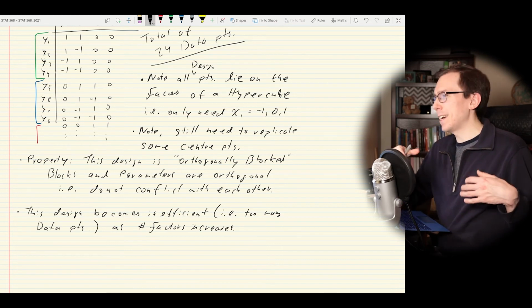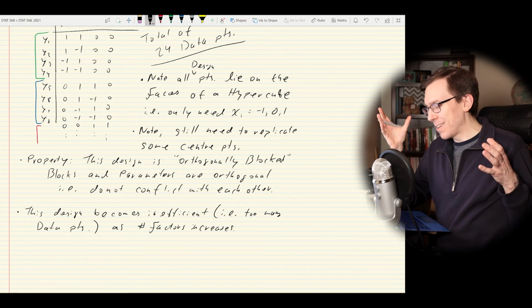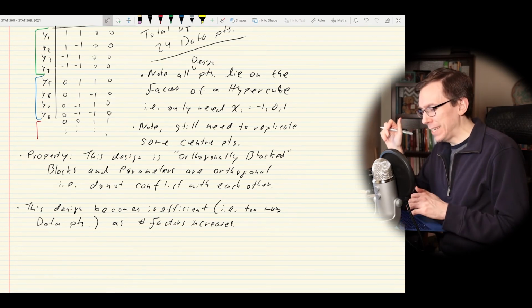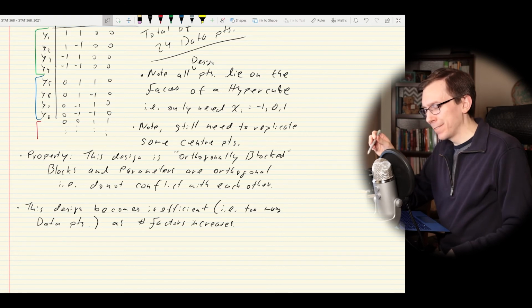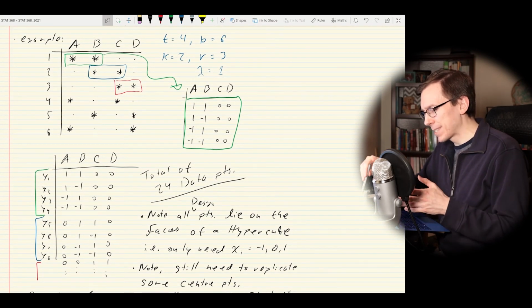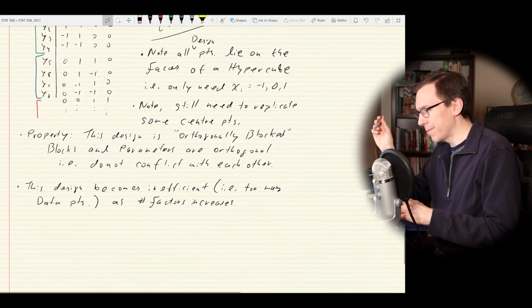So typically, the recommendation that you can find in the textbook is that if you have a large number of factors, you probably don't want to do this because it's going to be inefficient, right? You're going to have this number of blocks in the BIBD times the 2 to the k factorial, it can grow quite fast.